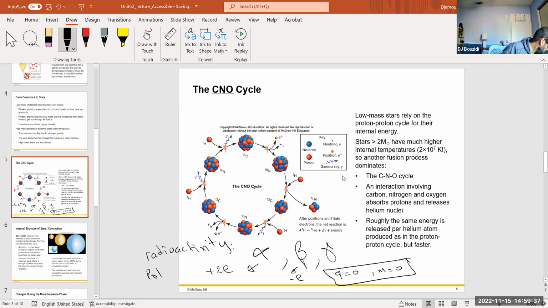The alpha was later connected to polonium, which is on the periodic table somewhere in here, and was studied heavily by Marie Curie and all of those people. It's this element on the periodic table, polonium, that was named after her country of birth. She was born in Poland.